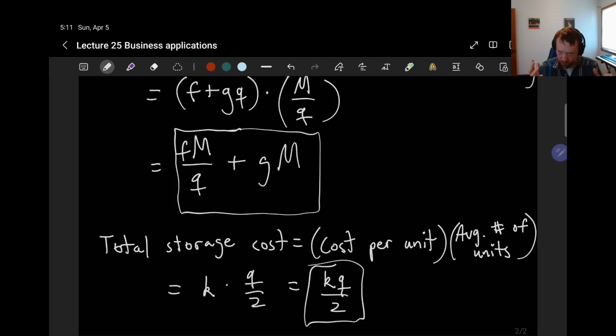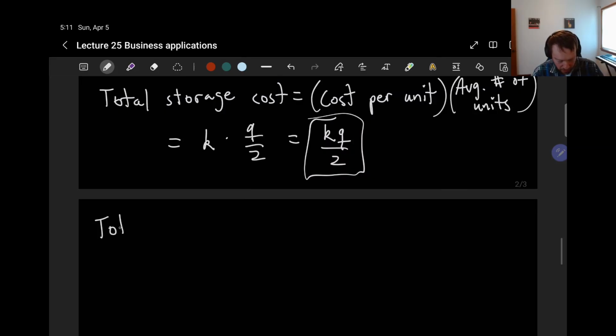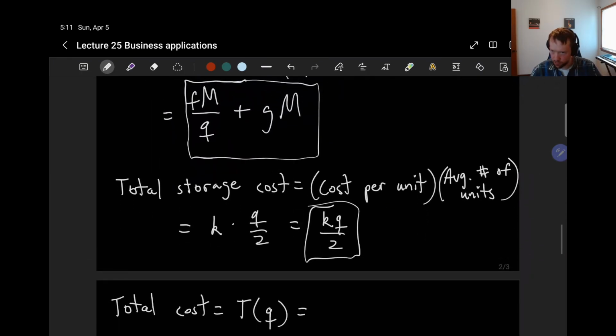So our total cost overall will be just these things added together, and this is what we're trying to minimize. So I'm going to call this T, and it's going to be a function of Q, because Q affects it. Q is our main variable. So again, it's just the manufacturing cost plus the storage cost.